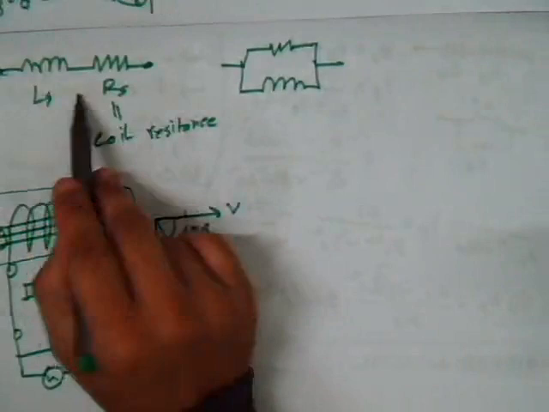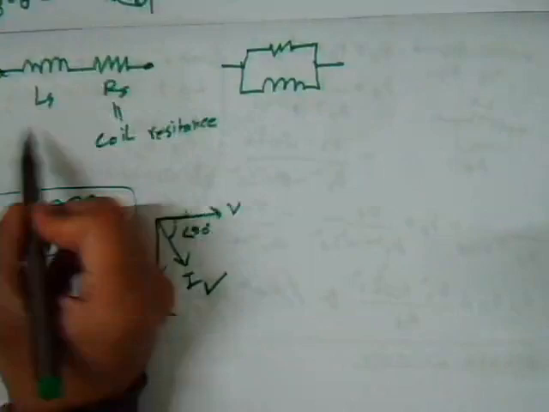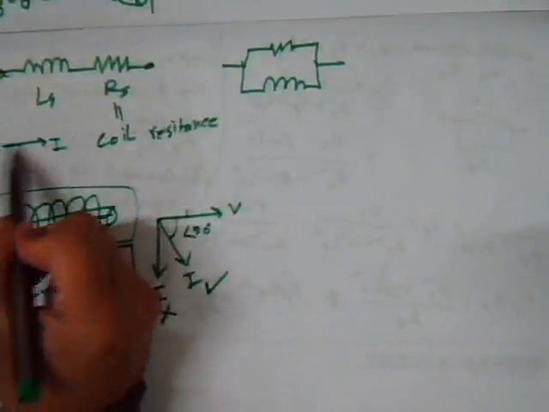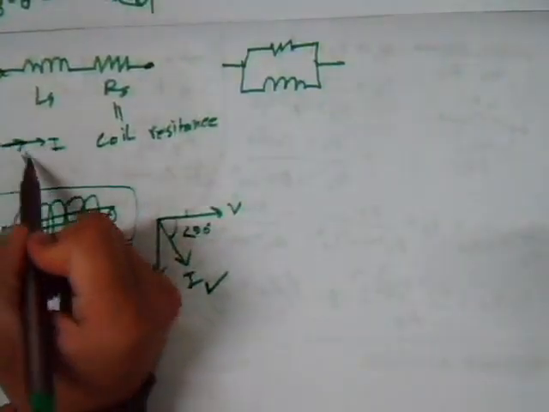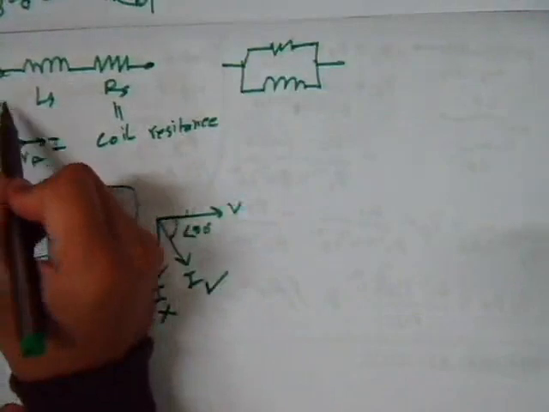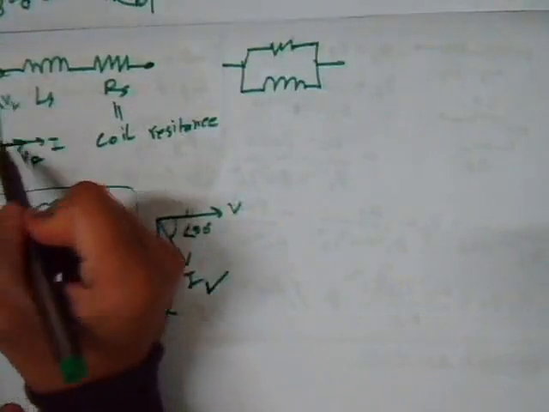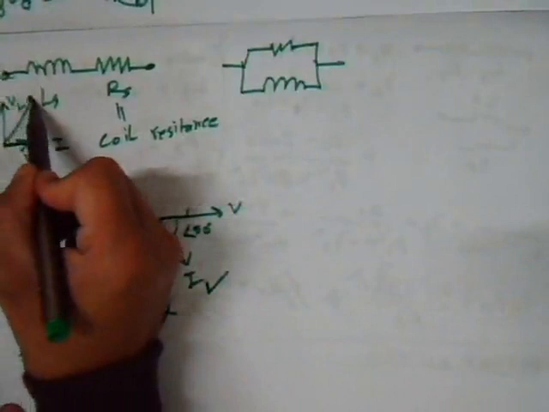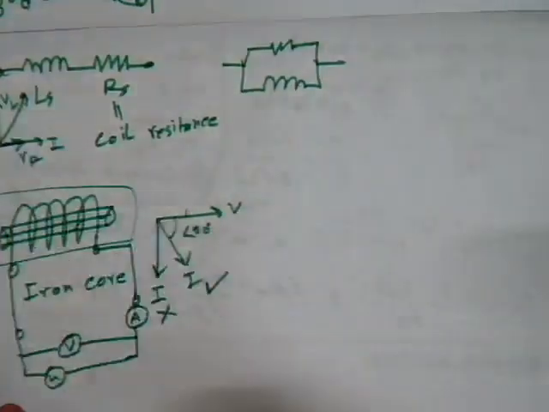For example, in this case, I know if this is current, there is an IR voltage, so VR, times VL, and this is the resultant. So the angle is less than 90 degrees.